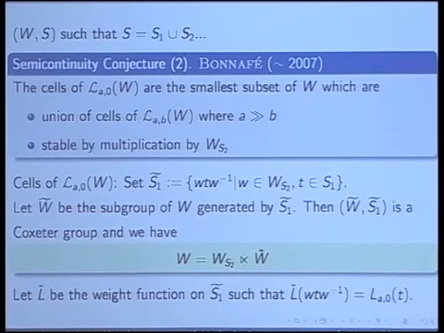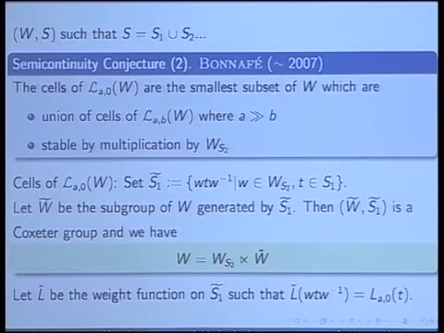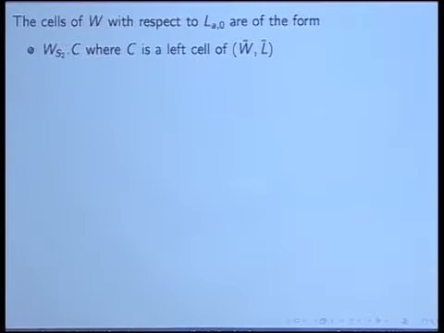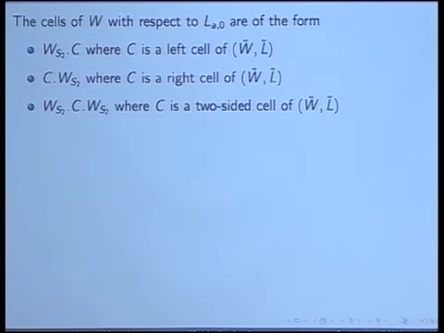And now the cells of W with respect to this weight function should be of this form. The left cell should be: you take a left cell of W tilde, with L tilde, so this weight function and this group, multiply on the left by W S2, and it should be a left cell of W. Then the right cell, obviously multiplying on the right, and the two-sided cell multiplying on both sides.